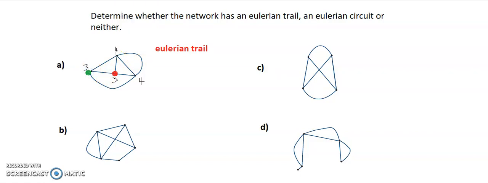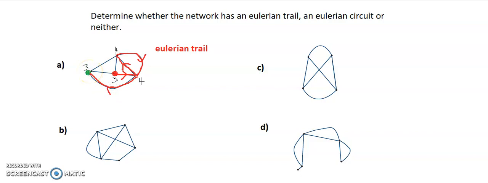As I'm looking at my trail, I'm going to be thinking about what way I am going. So I'm first going to be going to the 4. I'll make that thicker so you see. Going to the 4. Then I will move over to my other even degree, around it, again.